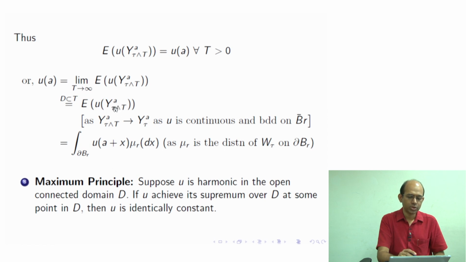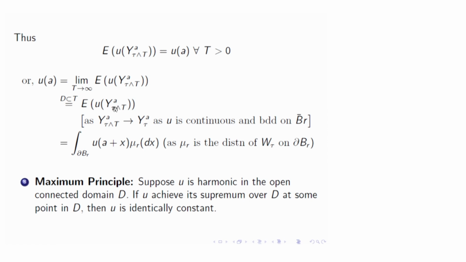There is a typo, it should be just Y superscript A subscript tau, there is no capital T, and it is equal to the integration on the surface of the ball, basically the sphere, of u of. Why is it so? Because at tau, the process Y is on the boundary, because tau is the exit time. At that exit time, Y must be on the boundary of the ball of radius r.